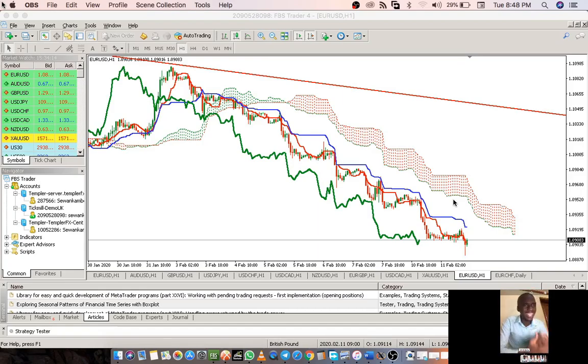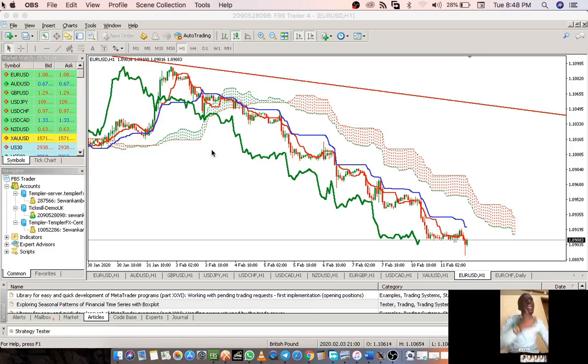The other line that shows the strength or the momentum in the market is the Chikou span. This Chikou span shows the momentum. When it crosses the cloud from above coming down, it means we have more sellers in the market with a lot of momentum compared to the buyers.